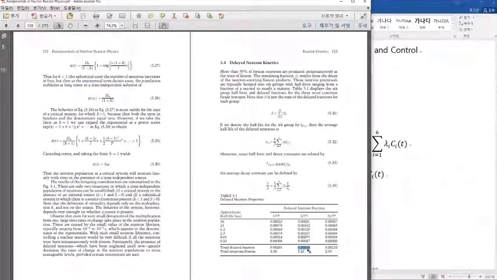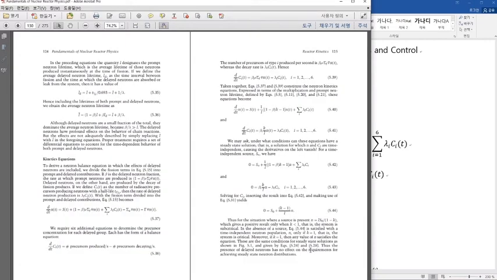Only a very small fraction of neutrons that contribute to fission reaction are delayed neutrons. And of course, these delayed neutrons significantly contribute to the controllability of a nuclear reactor.